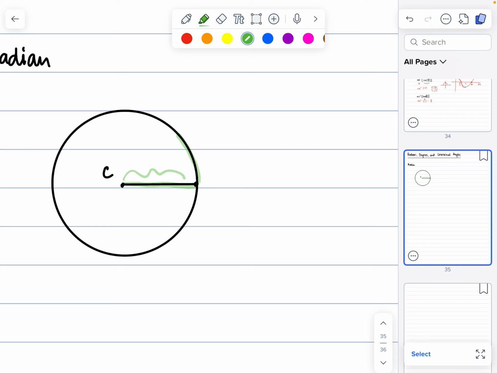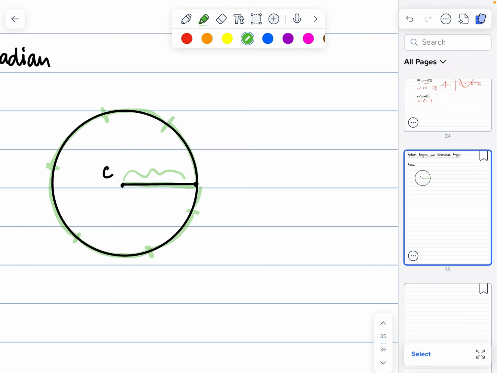the circle, I would get one right here, 2, 3, 4, 5, 6, and then a little bit of change.